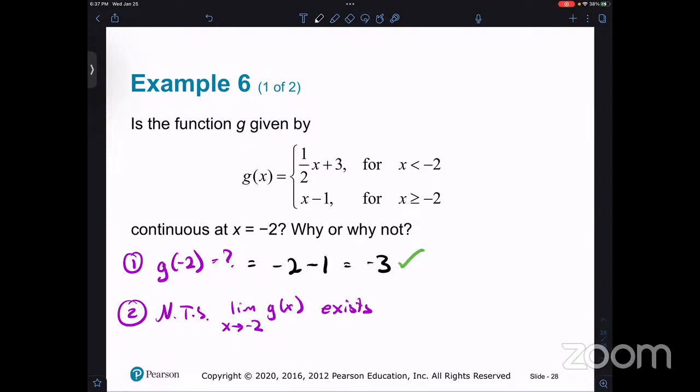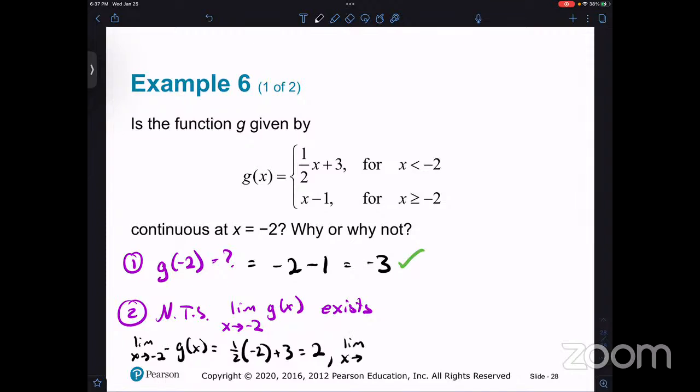So let's look at the limit as x approaches -2 from the left. That means we're going to use line 1 of g of x, and this is going to be 1/2 times -2 plus 3. So what is that? 2. Now let's consider the limit as x approaches -2 from the right.